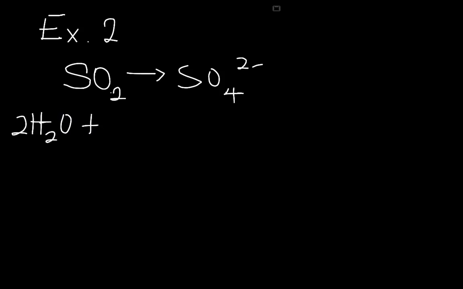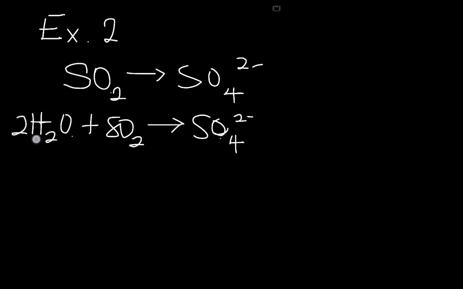We've added water here, so now our oxygen is balanced. We have 4 oxygen here, 2 oxygen here, 2 oxygen here. We have 4 oxygen on this other side. So we now know that our oxygen is balanced.